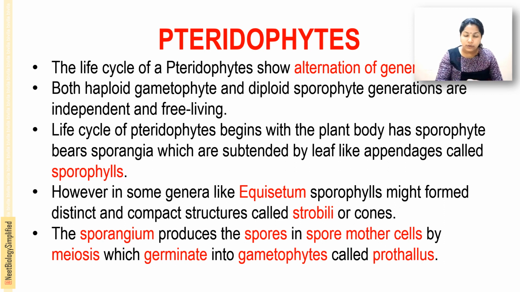The life cycle begins with a plant body that has a sporophyte containing the sporangia, and these are present on leaf-like appendages called sporophylls.